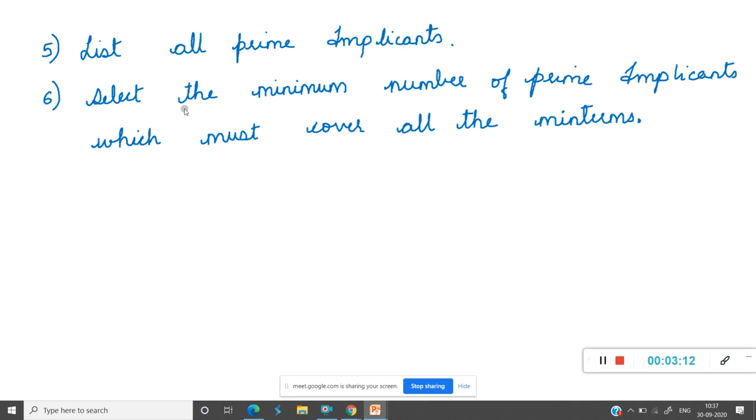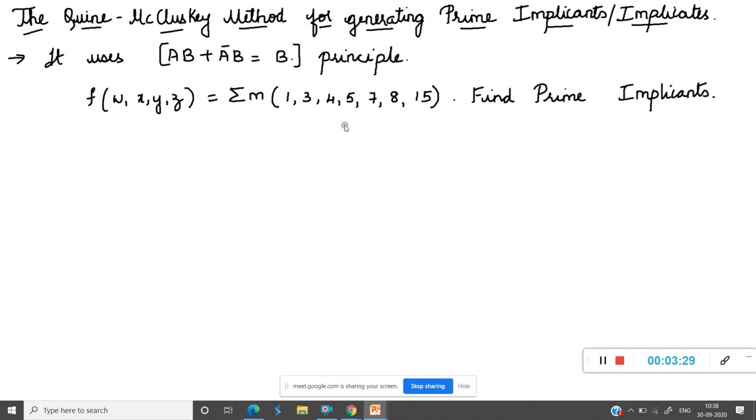This last step is very important. So this was the algorithm for generating prime implicants using the Quine-McCluskey method. Students, you will understand this particularly when I solve a problem.